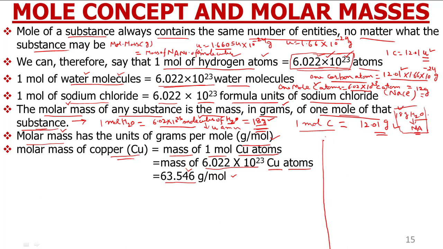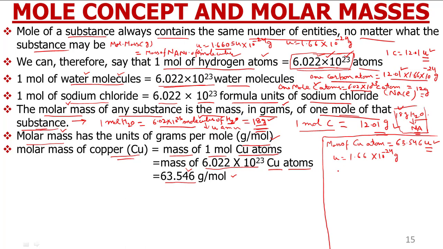Now we will write the mass of a single copper atom. So a copper atom has a mass of 63.546, and the unit of its mass is U. For a single atom the unit of mass is U, and U is equal to 1.66 into 10 raised to power minus 24 grams.